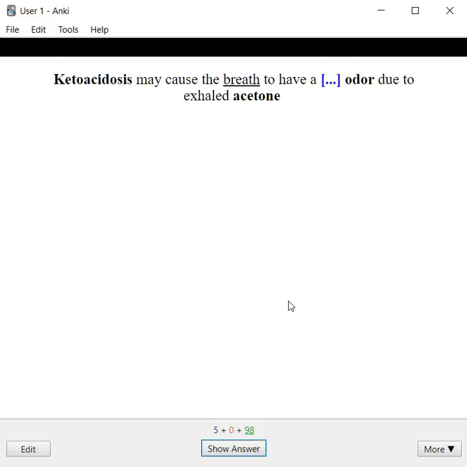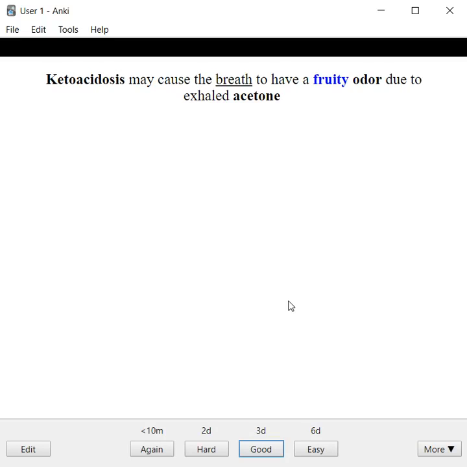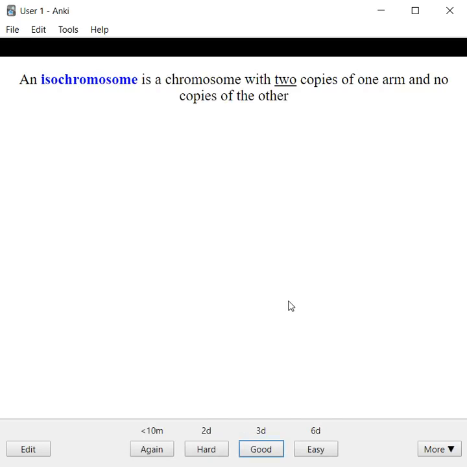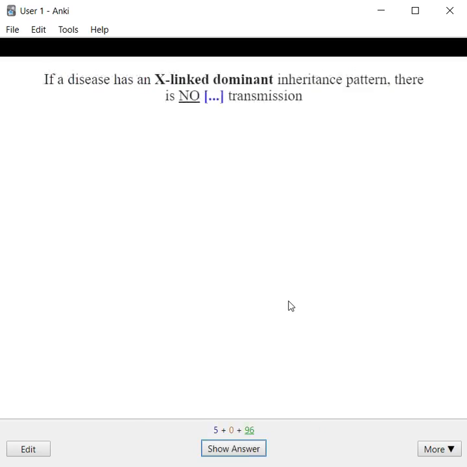Ketoacidosis may cause the breath to have a fruity odor due to exhaled acetone. And blank is a chromosome with 2 copies of one arm and no copies of the other, an isochromosome.